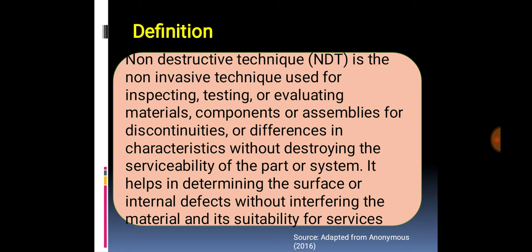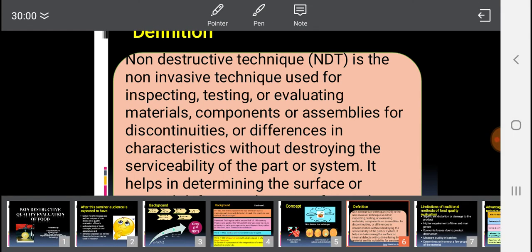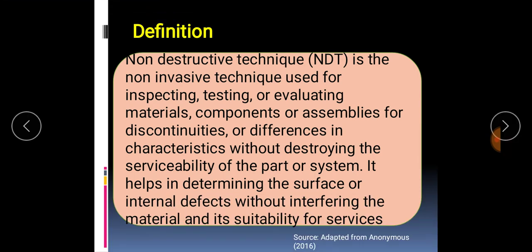So this is the non-destructive technique, the non-invasive technique, used for inspecting, testing, or evaluating materials, components, or assemblies for discontinuities or differences in characteristics without destroying the serviceability of the part or system.